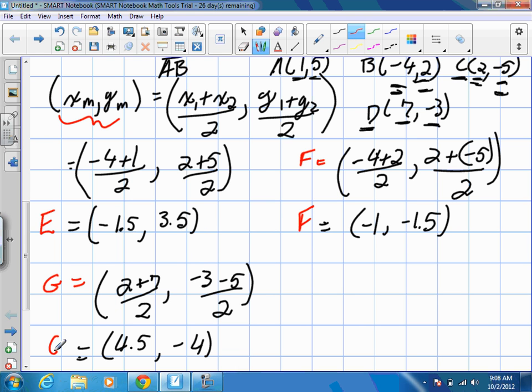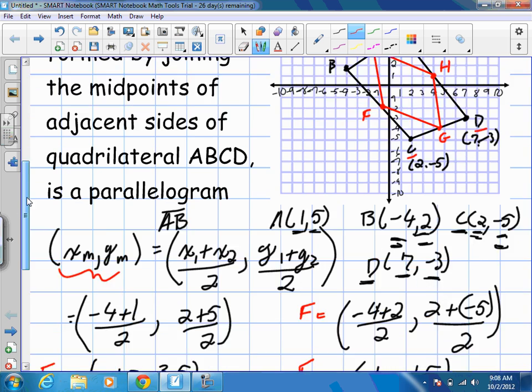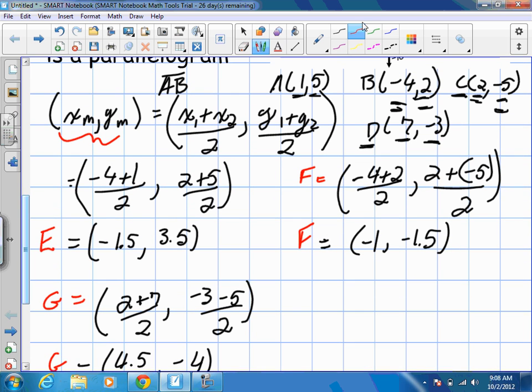E, F, G. I think the last one's H. H is A and D. So midpoint H is the last one we need to find. Again, let's add those x values: 7 and 1 divided by 2, and negative 3 and positive 5 divided by 2.